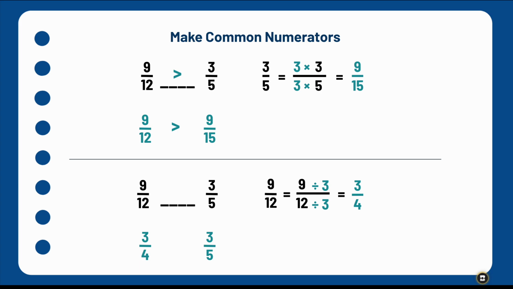Dividing both the numerator and the denominator of 9/12 by 3 will give us an equivalent fraction. We can more easily compare 3/4 and 3/5 because now they have the same numerator. Fourths are larger units, so 3/4 is greater than 3/5, which means that 9/12 is greater than 3/5.